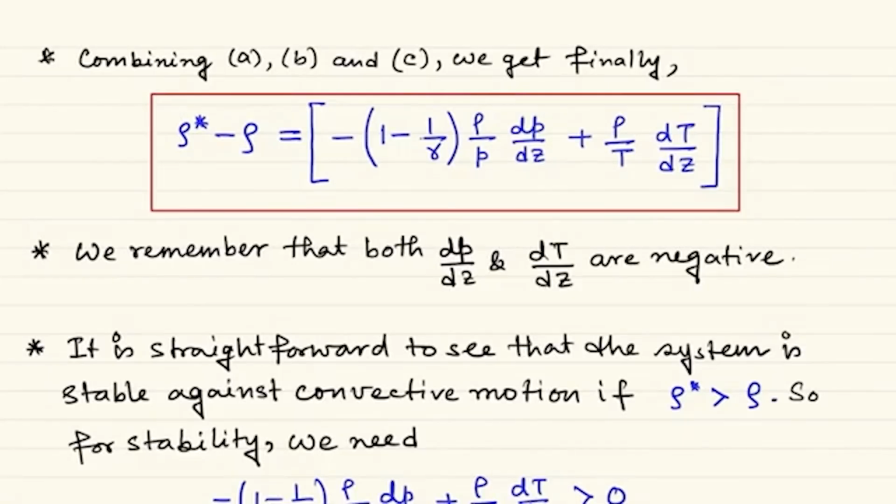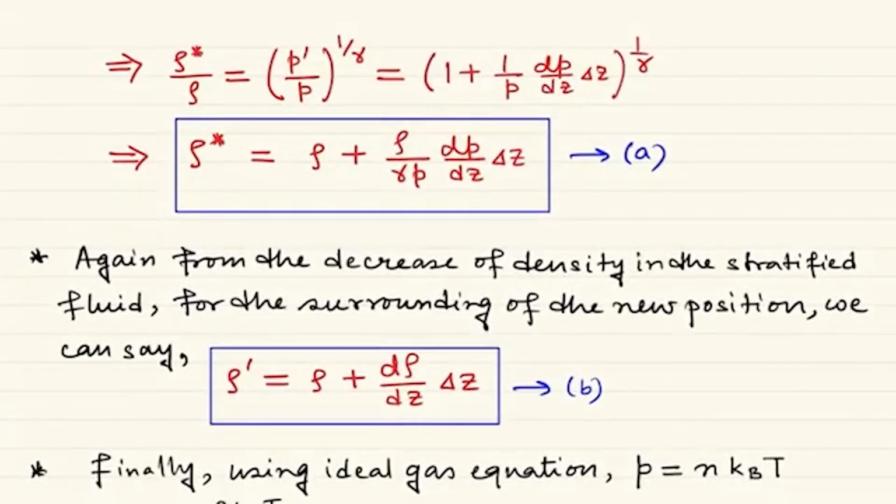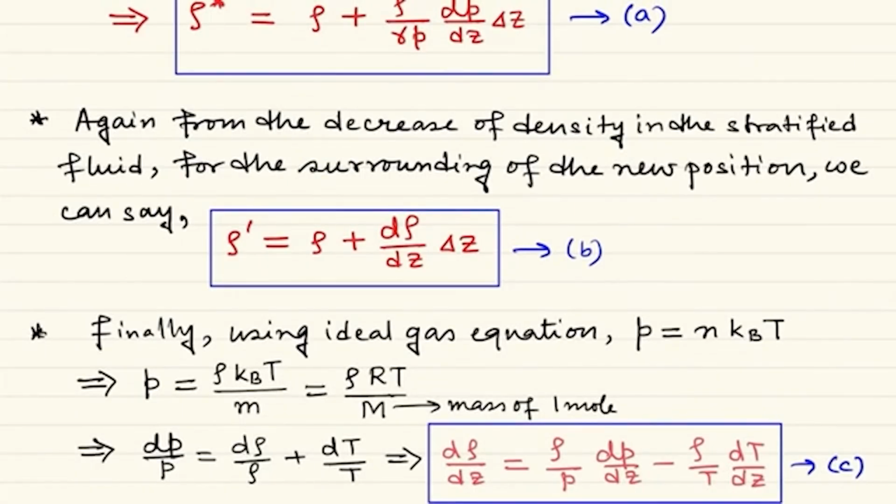Now, that was equation number C. Combining, first we subtract b from a, and then we replace this value of d rho/dz in the subtracted result.